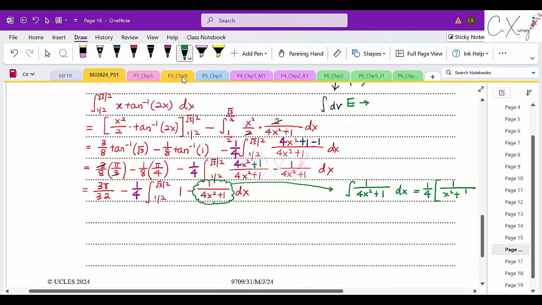Oh, sorry, I take out the 4, so this one, you should be having 1 over 4. Then after that, if you look at this one, 1 over x squared plus 1 over 2 squared.